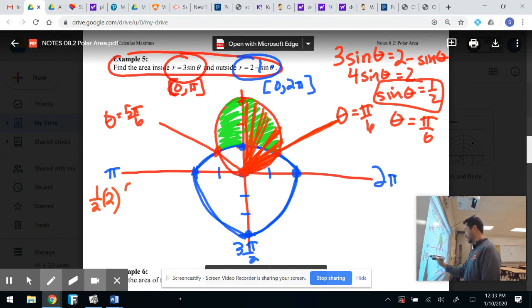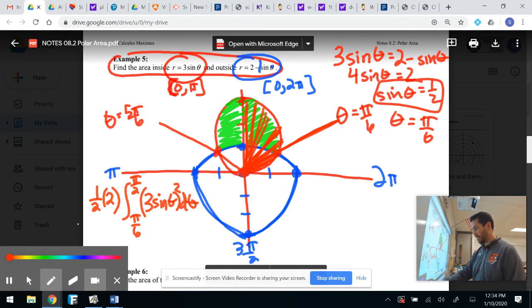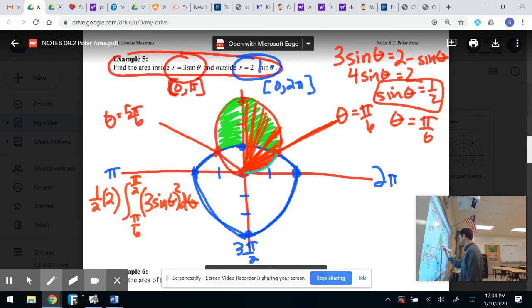So I'm going to double, and take the integral from pi over 6 to pi over 2 for the circle, which is 3 sine of theta, and I'm going to square that. That gives me the area of the red. And remember, this part is not included, it's kind of whitish.